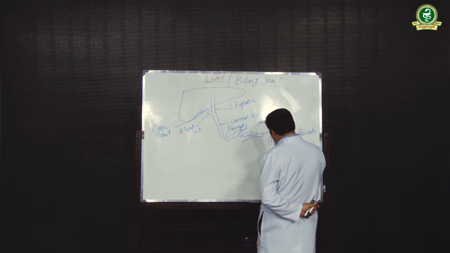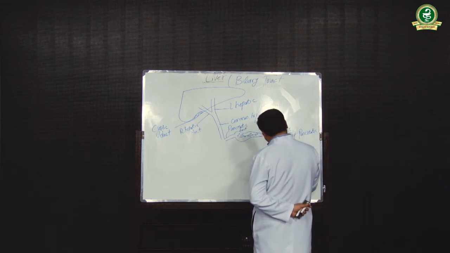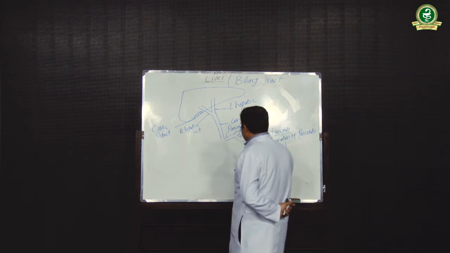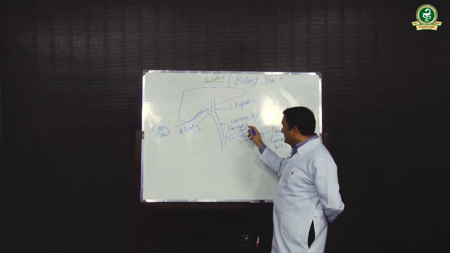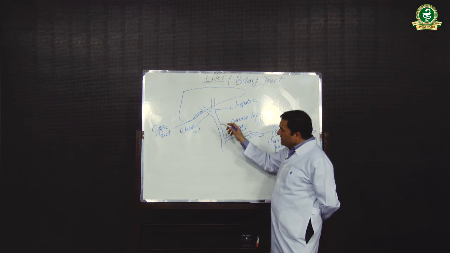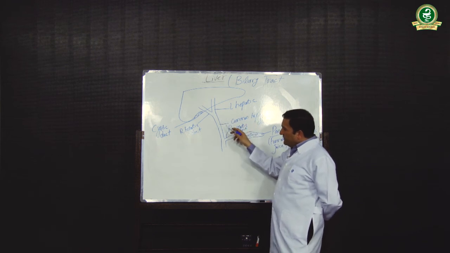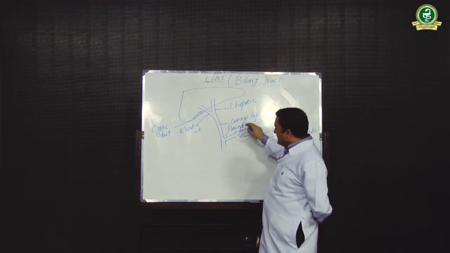The common hepatic duct is the main branch, formed from the right and left hepatic ducts.